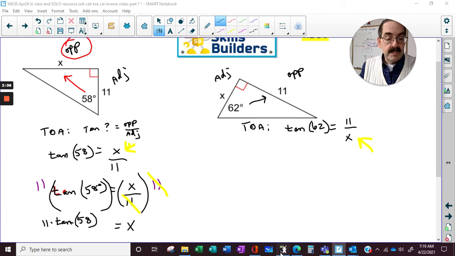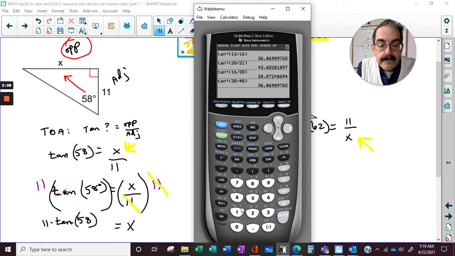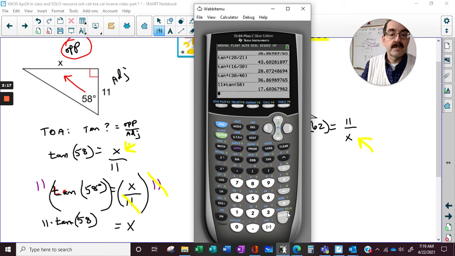Grab a calculator and just do it. 11 times tangent 58, close parenthesis, equals. Let's do two decimal points, 17.60. Now, when you're typing, don't get in a hurry, because sometimes you might type tangent 58.